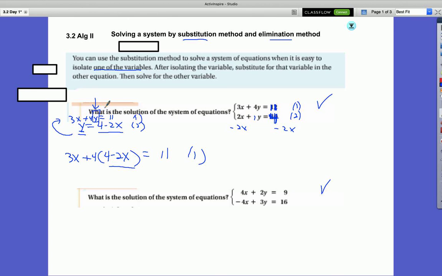Let's solve that. 3x plus 16 minus 8x equals 11. So negative 5x equals negative 5, x equals 1.